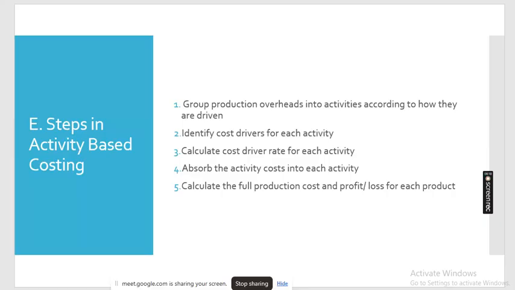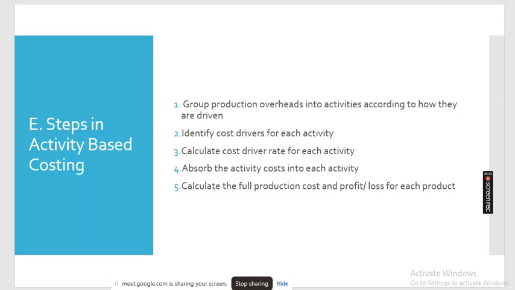So if you have an overhead of 500,000 and you have 4 activities, make sure you allocate that overhead into those activities. Then the second step, you identify a cost driver for each activity. For example, machining, you say machine hours. Production cost, maybe purchase orders. That's the second stage.